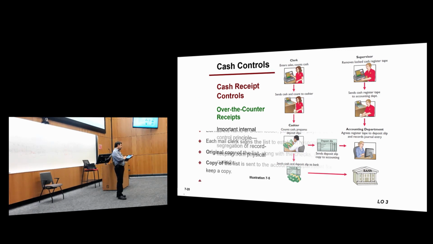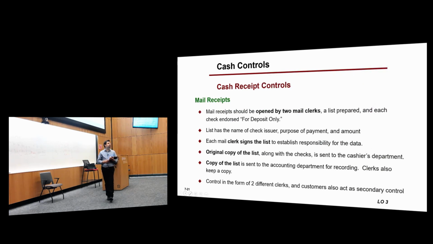Now the other type is when the company receives checks and has to deposit those checks. Usually these checks are opened by two clerks, two employees, not one. So unless the two were colluding, it will be unlikely that someone would steal the check, because it's opened in front of each other.